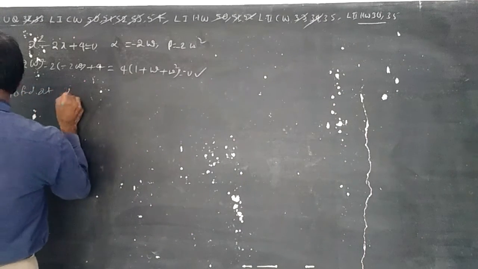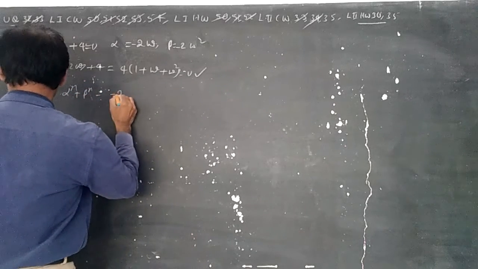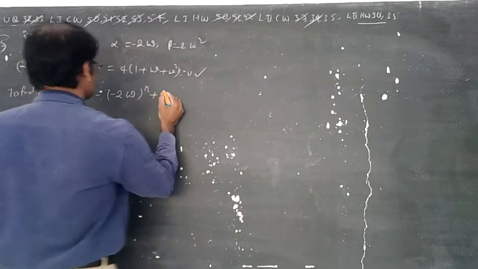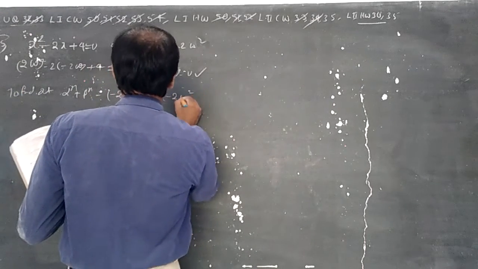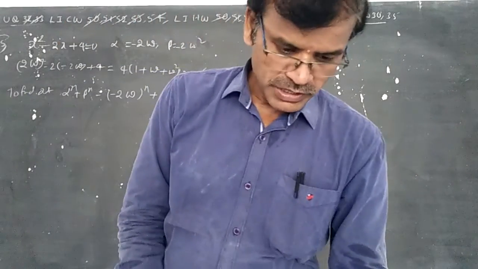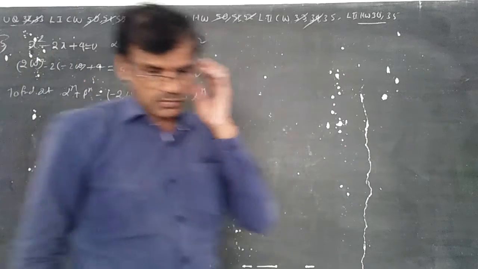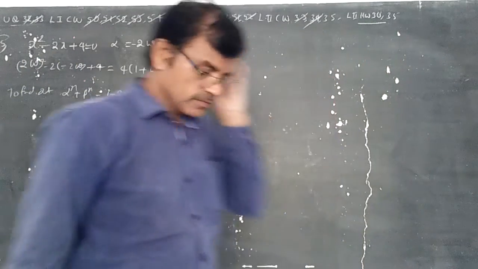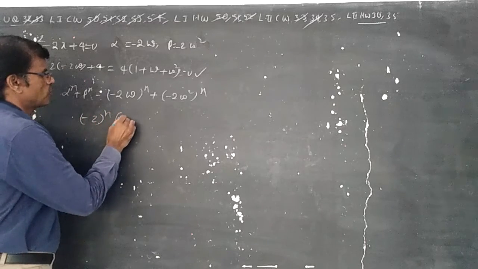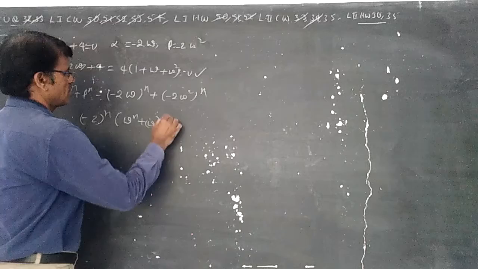So minus 2 omega power n plus minus 2 omega square power n. So minus 2 power n into omega power n plus omega square power n.